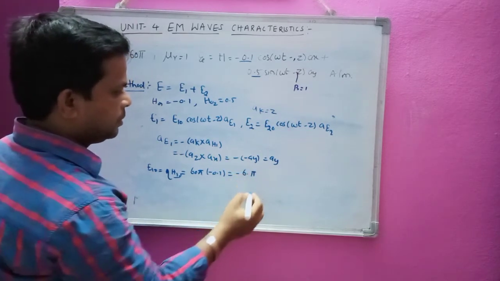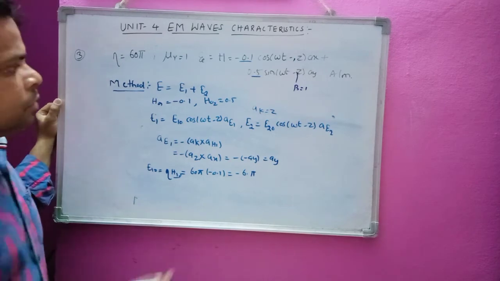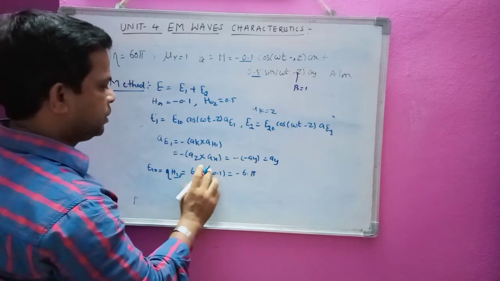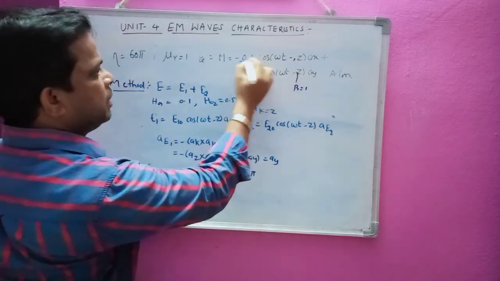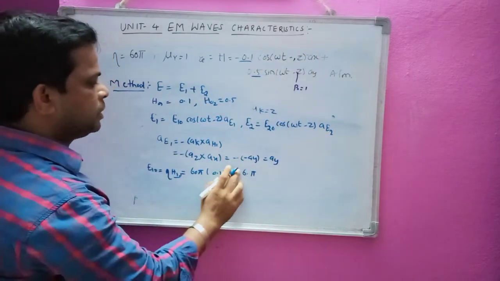Sorry, not this one, we have to take only the magnitude value, that is H10 is 0.1 only, because this is the minus aX direction and this is the plus aY direction. We should not take the plus minus here.